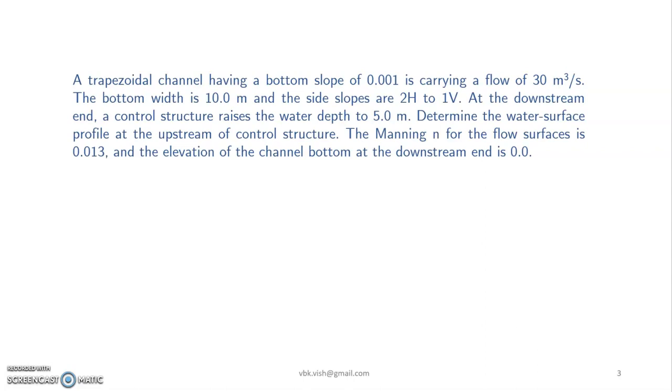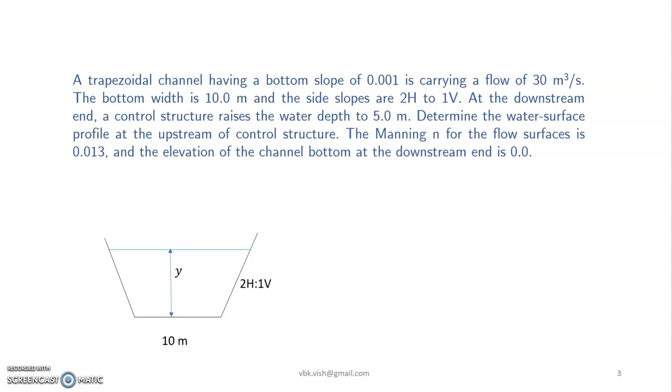Manning's n is given, and that is about 0.013, and the elevation of the channel bottom at the downstream end is 0. How do we visualize this problem statement? Very simple. The cross-sectional details related to the trapezoidal section being the width 10 meter.